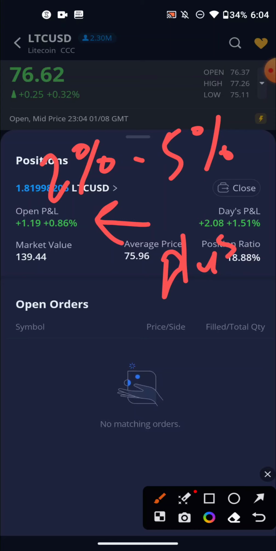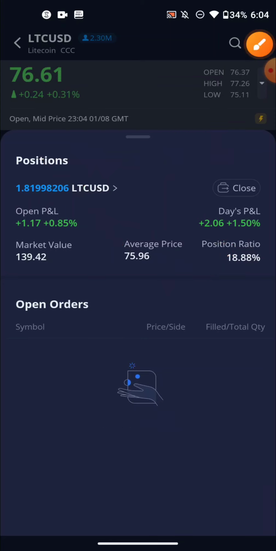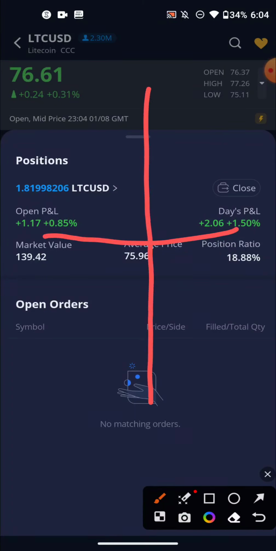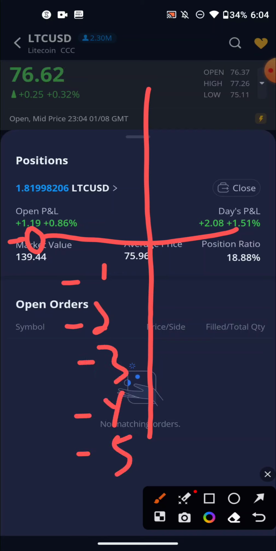What I always pay attention to is my new trading style. Remember this chart, and this is why I do what I do. Minus 0, minus 1, minus 2, minus 3, minus 4, minus 5.